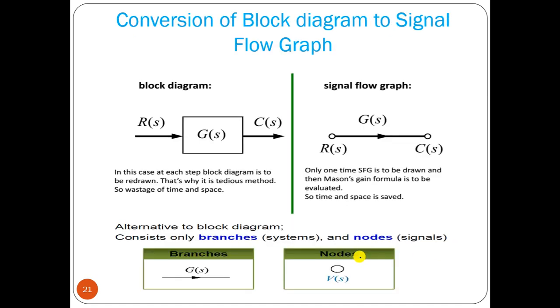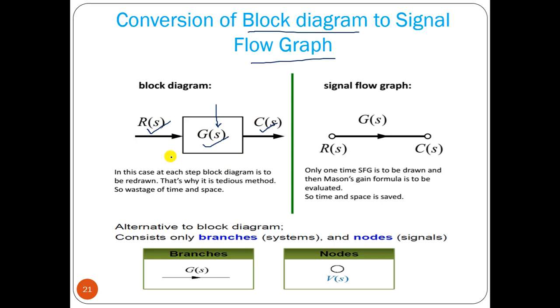Now how can we convert a block diagram to a signal flow graph? This is the input signal, this is the output signal, and this is the transfer function of that block, G equal to C(s) by R(s).